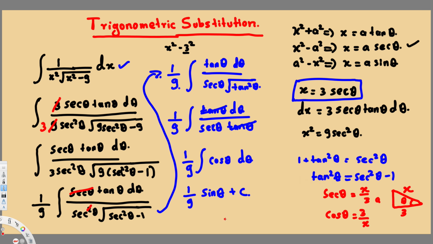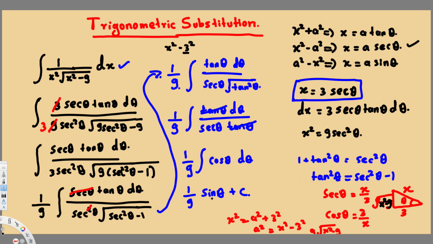According to Pythagorean theorem, hypotenuse square is equal to a square plus 3 square, so a square is going to be equal to x square minus 3 square, so a is going to be equal to square root of x square minus 9, so that's the value we are going to put right here. So this is square root of x square minus 9, right?